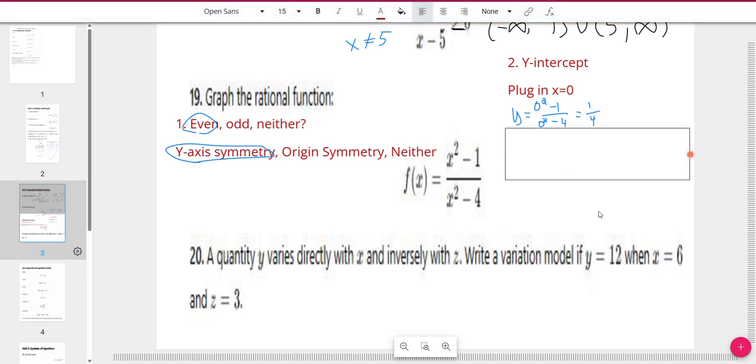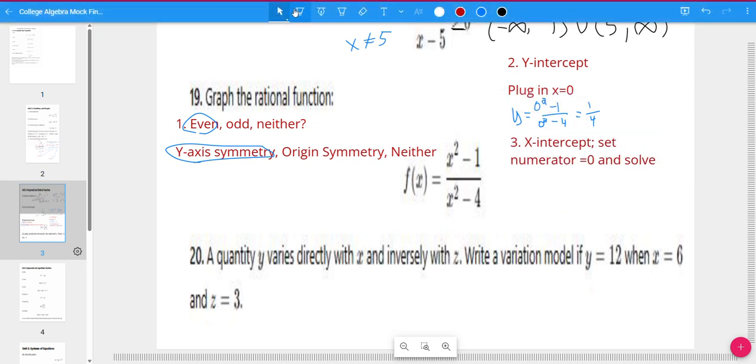The third step is the x-intercept. You set numerator equal to 0 and solve. So if I do that, I get x squared minus 1 equals 0. There's a couple ways you could do this.